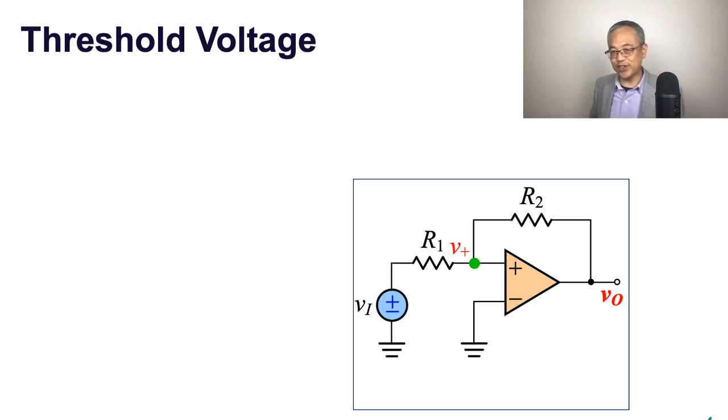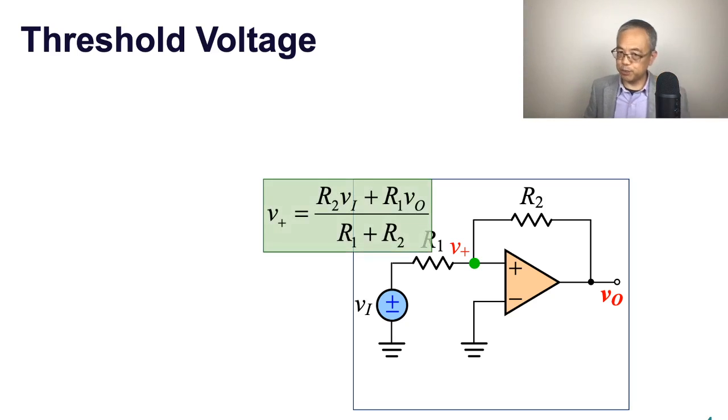So first of all, you have to figure out, who controls the V positive voltage? It depends on the VO and the VI. So you can apply the principle of superposition and put down this. So I will pause to take note on this, all right? V positive depends on the contribution from the VI.